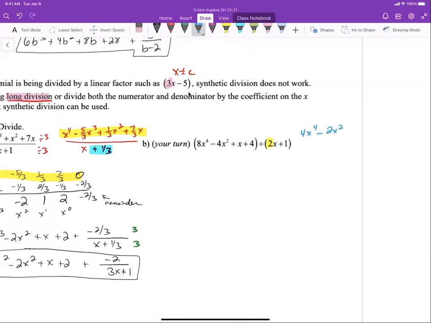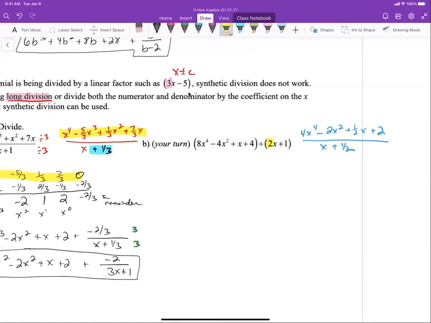I have x term that I have to divide 2 by, so I get a positive 1/2 x. I have a positive 4 I need to divide by 2, and I get positive 2. Divided by, and then I get x plus 1/2. So I've divided every term by 2.